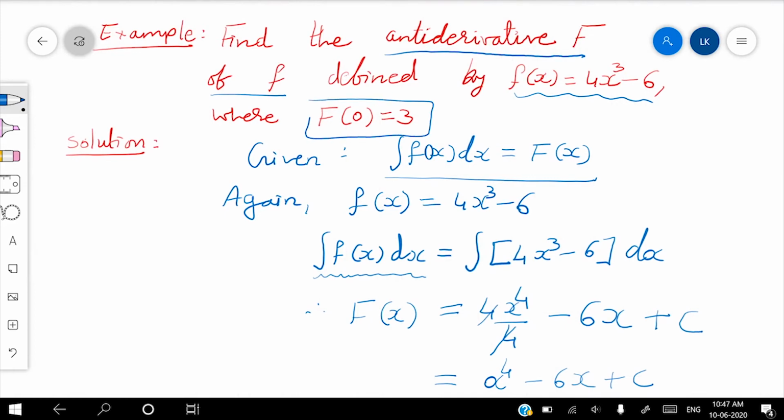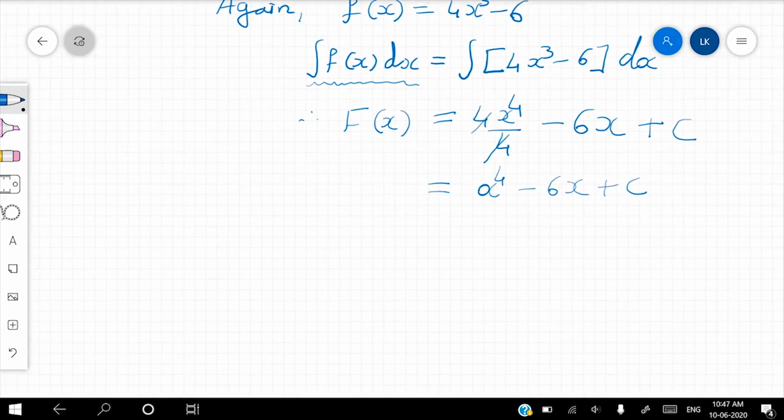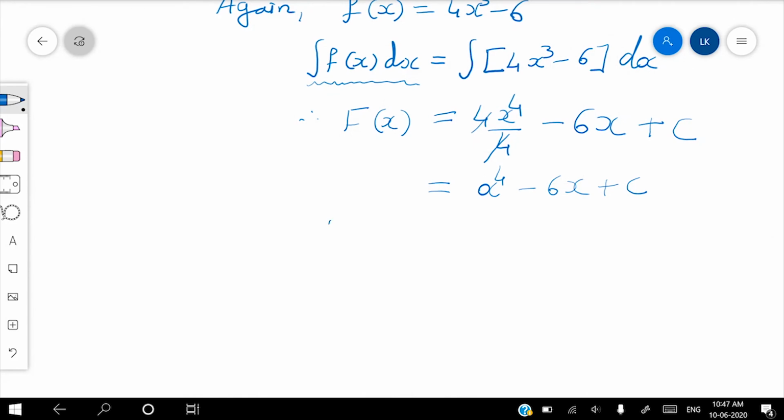Again, you have been given something in the question: f of 0 is equal to 3. Use this concept. Substitute x equal to 0 on both sides in the above equation star. Replace x by 0: 0 raised to 4 means 0, minus 6 times 0, that means 0, plus c. What is F(0)?